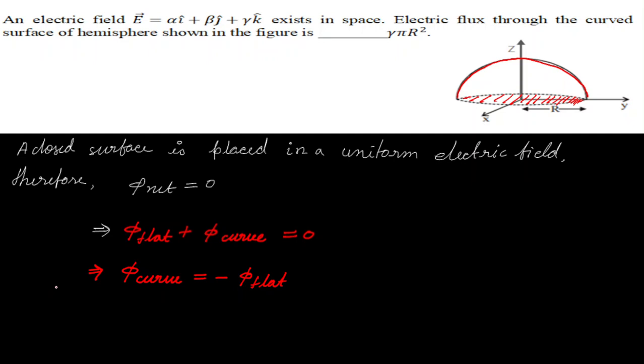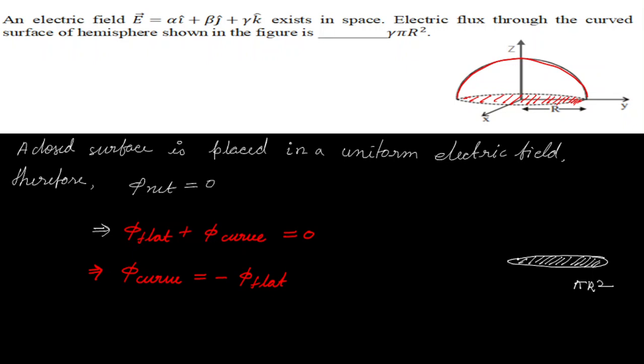If we consider only this flat surface, with a uniform electric field, it is a circle of radius r. So the total area will be pi r square.